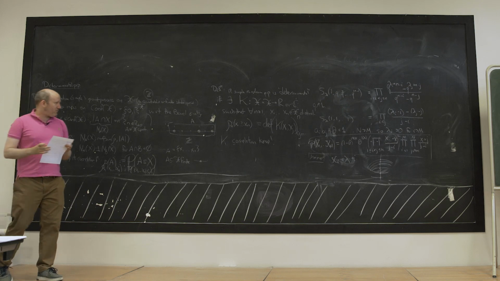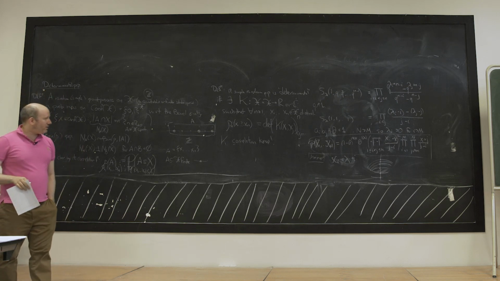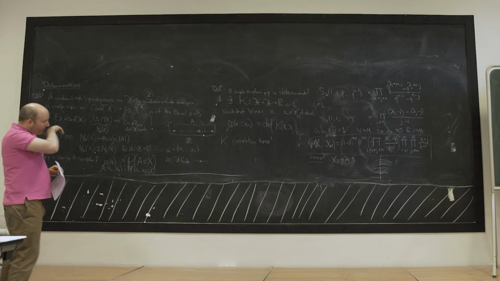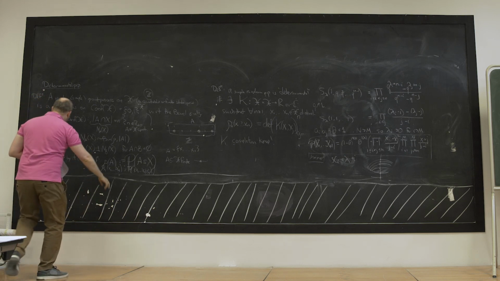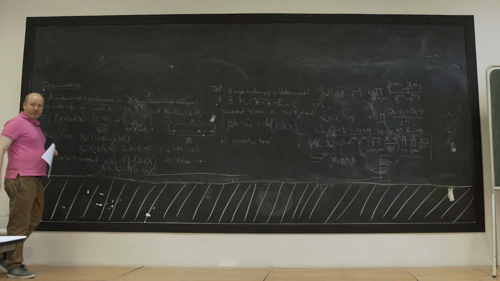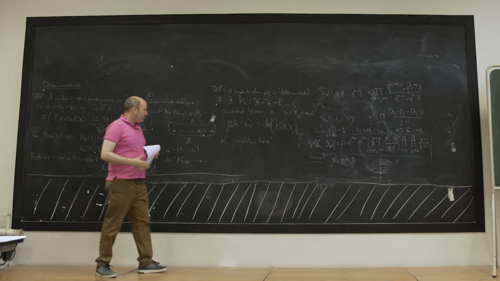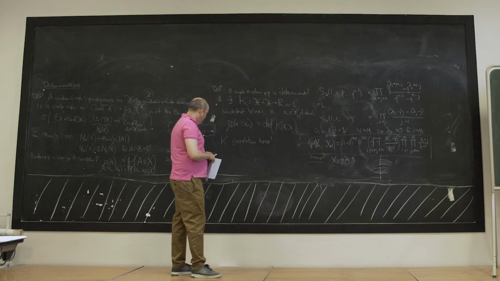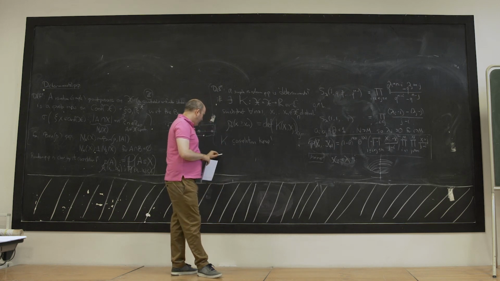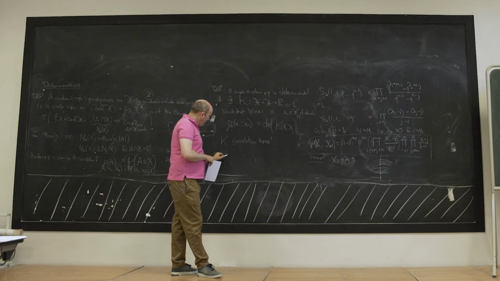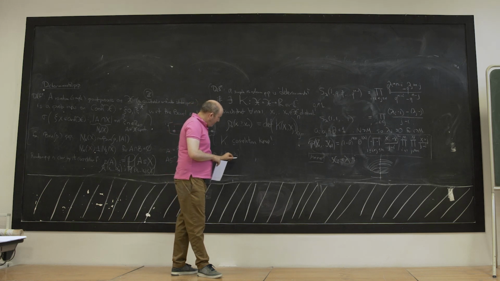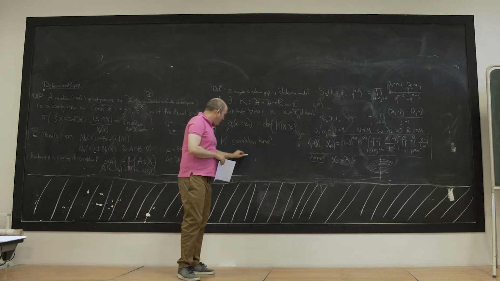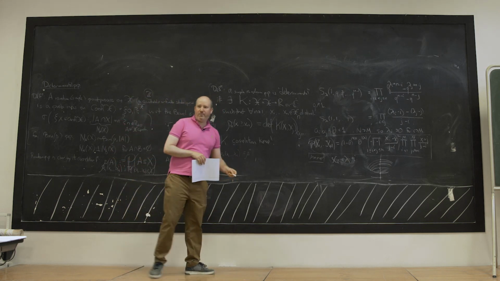But okay, let's digest this just a little bit. First of all, let's just work out what happens in this special example, this Bernoulli example. In the Bernoulli example, I told you that rho n of x1 through xn, the probability that x1 through xn is in my random set, was equal to rho to the n, right?